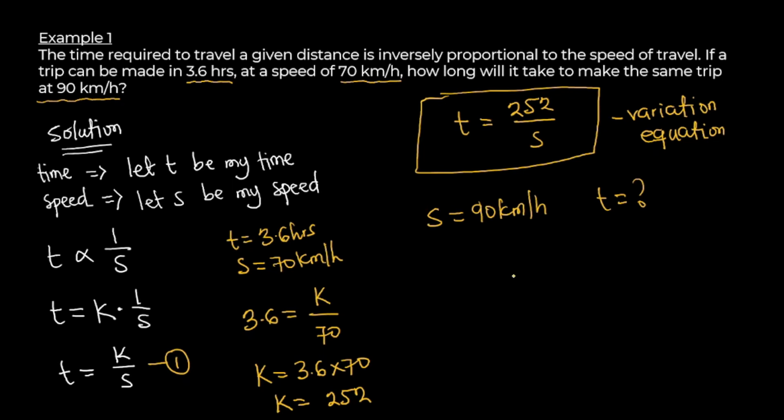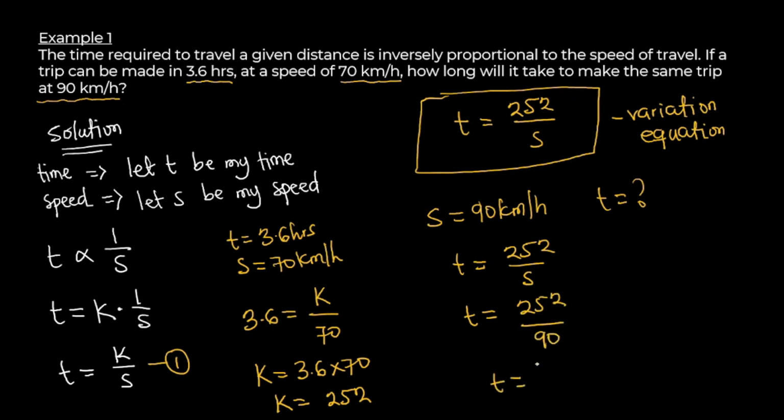So let's go ahead and see if that is actually true. We know that our variation equation tells us the time is now equal to 252 over s. So our time is equal to 252 over our speed, which is 90 kilometers per hour.